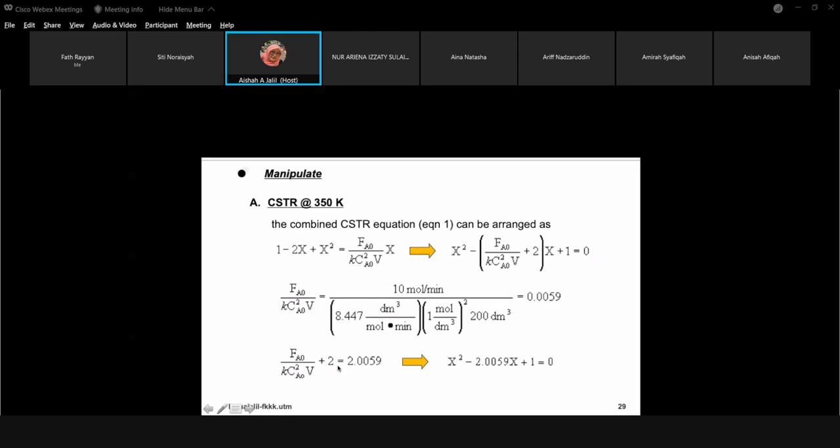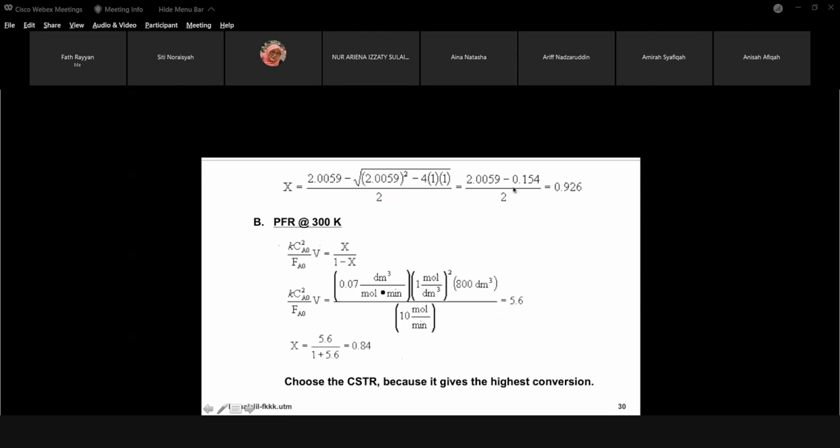Then you can calculate X. Because this one is the X, you use this equation, negative b minus b, the mathematics one, or use the calculator to calculate X, and you choose the value less than one. So they got X for the CSTR as 0.926.